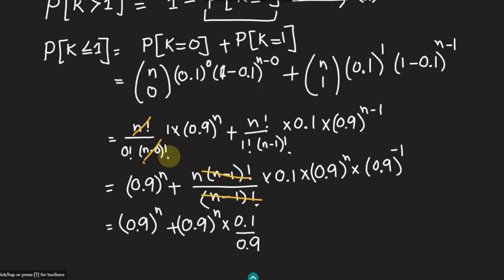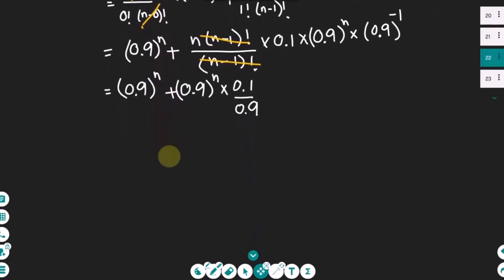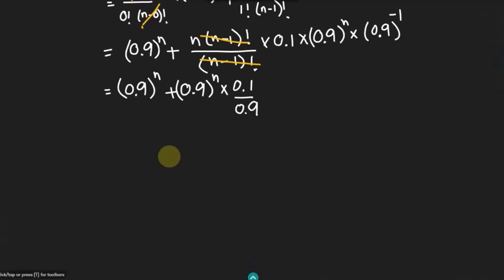Okay, now let me move further here. Taking this 0.9 to the power n common, I will get here 1 plus 0.1 divided by 0.9. So how much would it be?